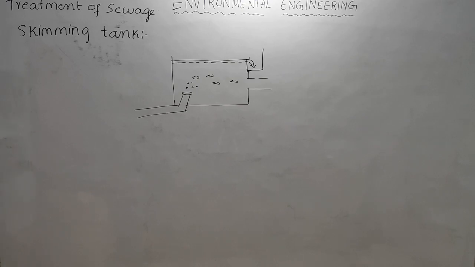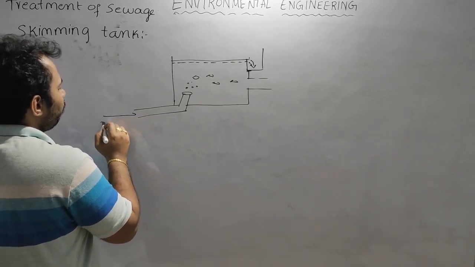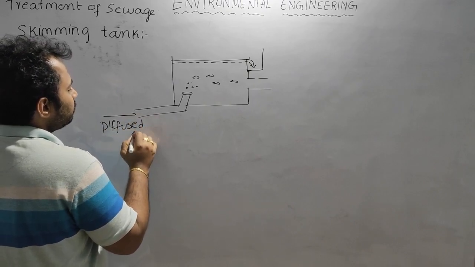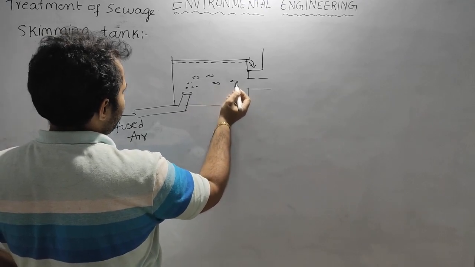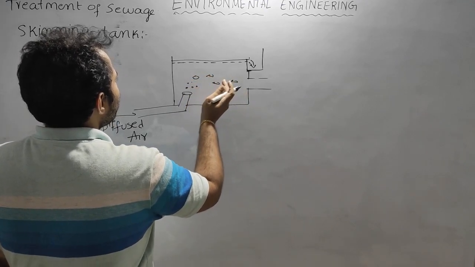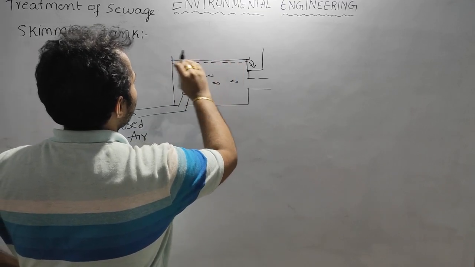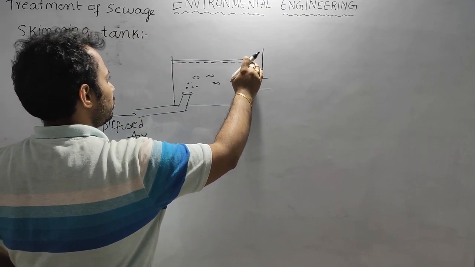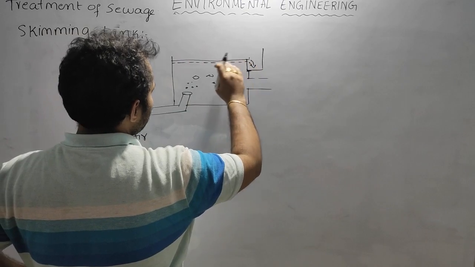We are sending diffused air into the system. This air will collect the oil and greases present inside the water and take them to the top. Here it will form a layer of oil and greases which will be removed from the top layer. So this is skimming off.